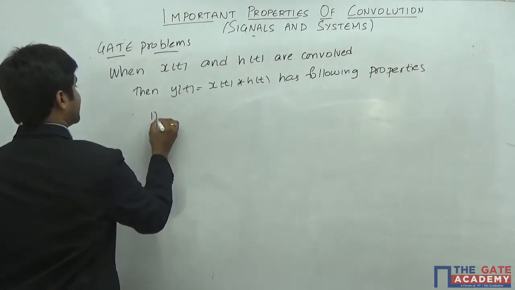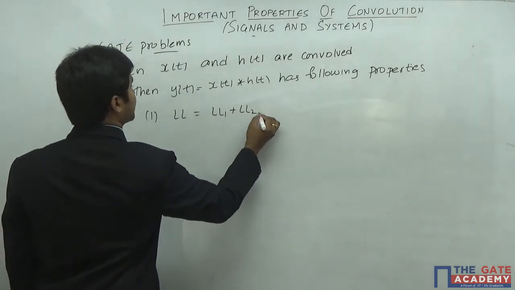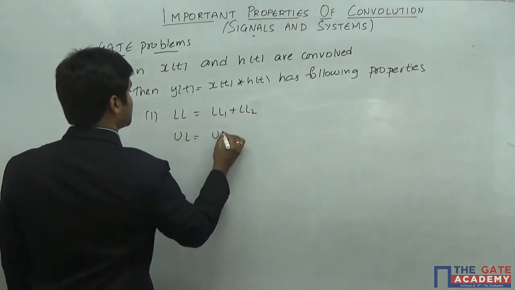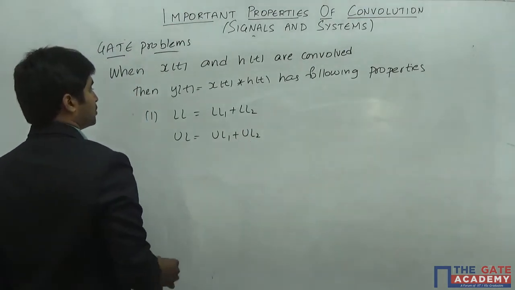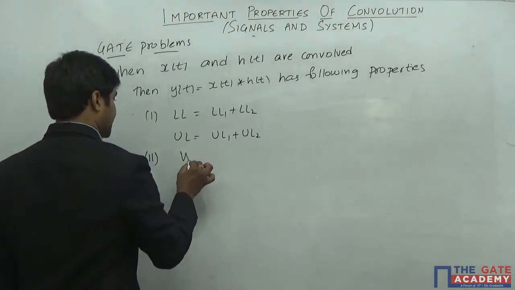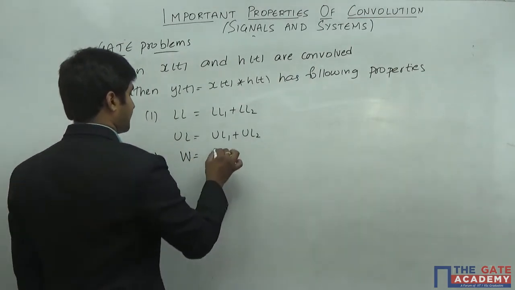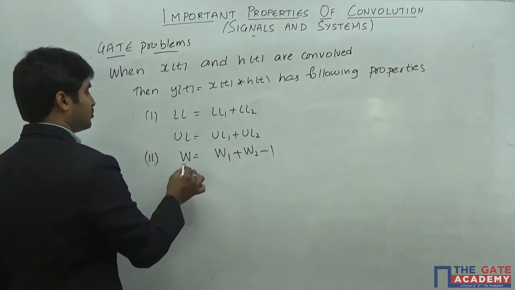The first one is that the lower limit of the resultant is going to be the sum of the lower limits of the inputs. The upper limit of the resultant is going to be the sum of the upper limits of the inputs. The second thing is that the duration of the resultant is going to be W1 plus W2 minus 1. What is W here?